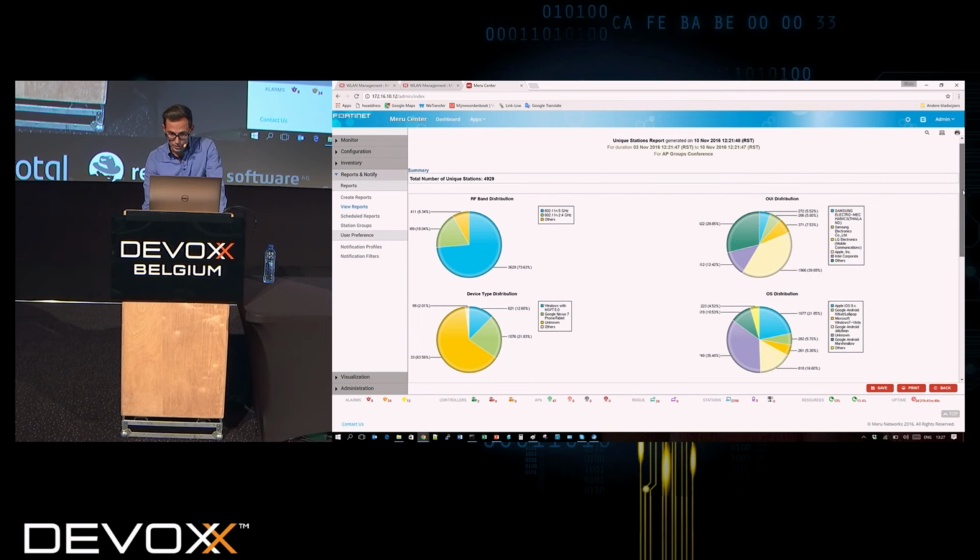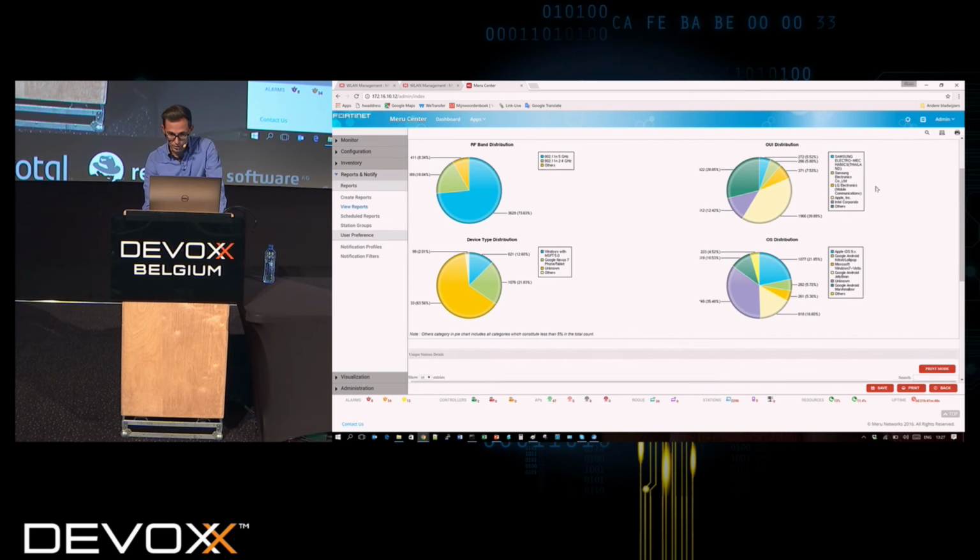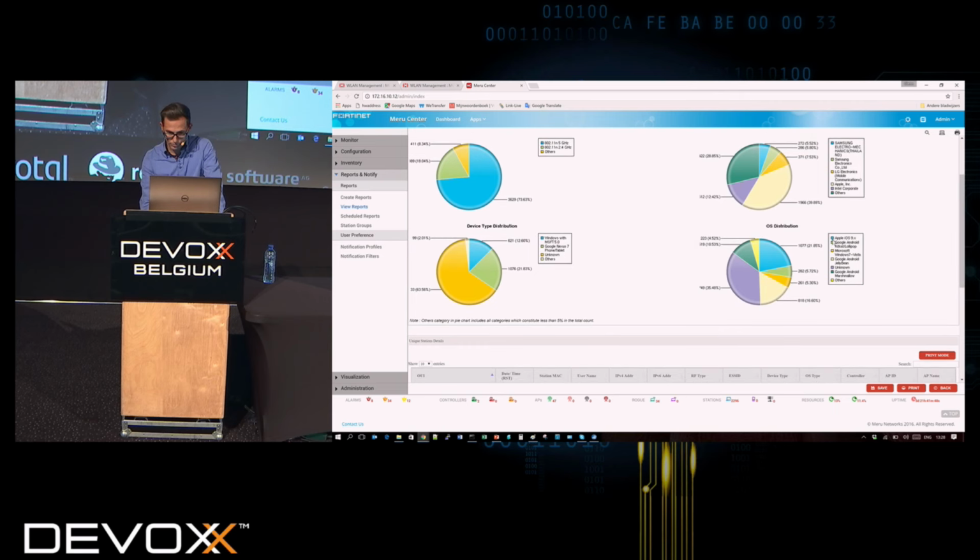If we have a look at this, you also see that the majority of devices deployed is Apple. It's roughly 40%, which is also what we see in a lot of the other statistics, where it basically goes between Apple and Samsung devices. From an OS perspective, a lot of Apple iOS 9.